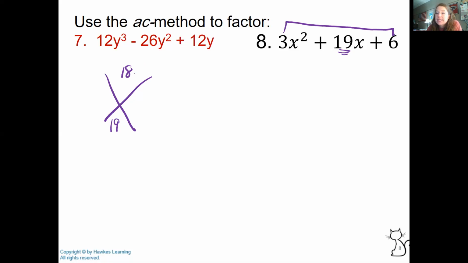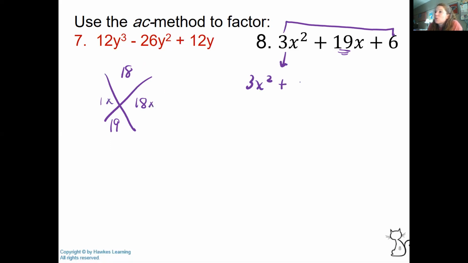Well, think about 18 times 1. 1 times 18 is 18, and 1 plus 18 is 19. So we're going to rewrite that middle term into two terms. We're going to write 1x and 18x, okay? So we're going to bring down our first term, 3x squared, plus, it doesn't matter which one you put first.